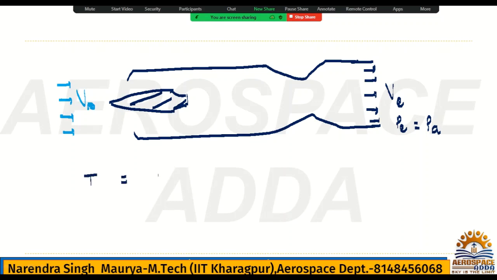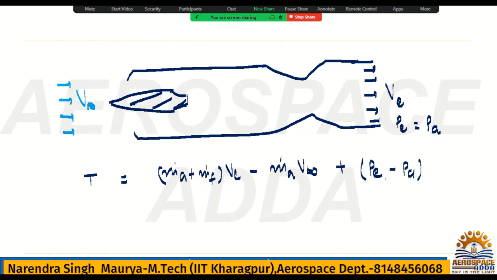This is the actual equation: T = (m dot A plus m dot F) into VE minus m dot A into V infinity, plus (PE minus PA) into exit area. So this part will be 0, because they have said optimally expanded. Yes or no?